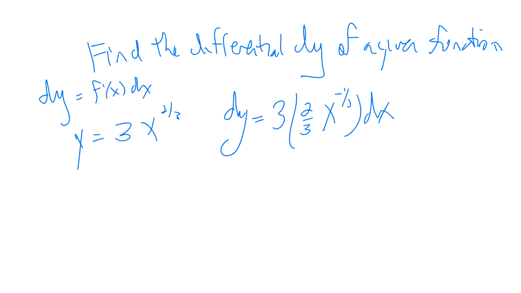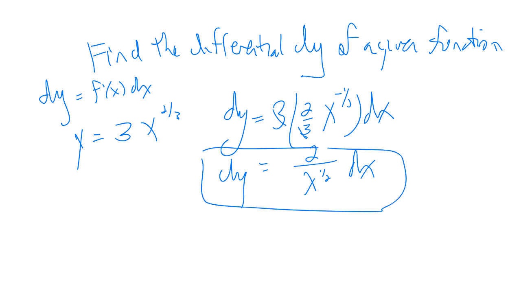I will count off if you forget to write dx at the end. This will be 2, the 3's cancel. I would end up with 2 over x to the 1/2 dx. That's my answer. That's all you're being asked to do in this type of problem, is find that.